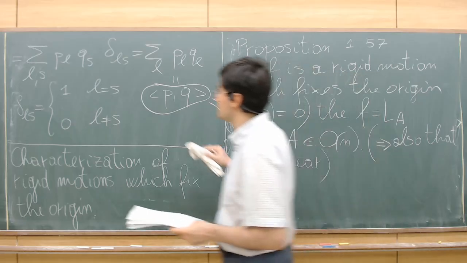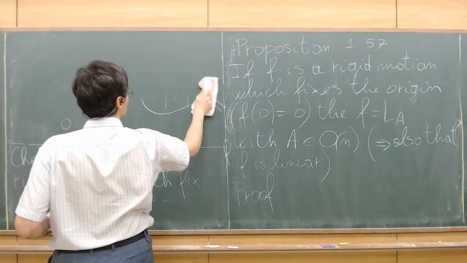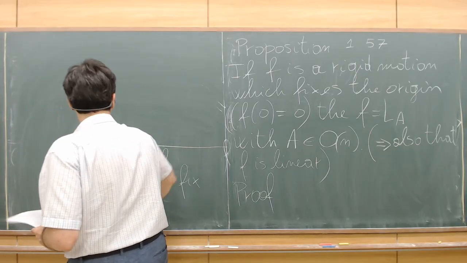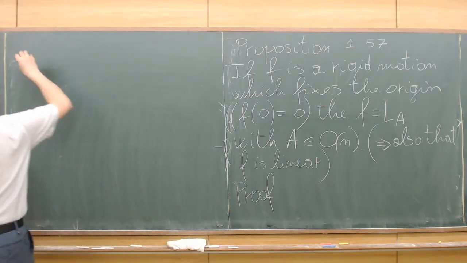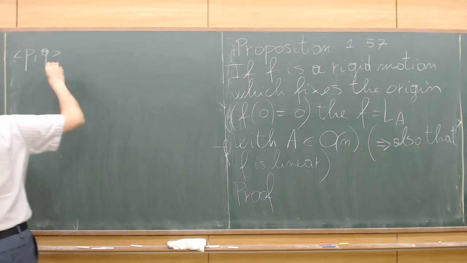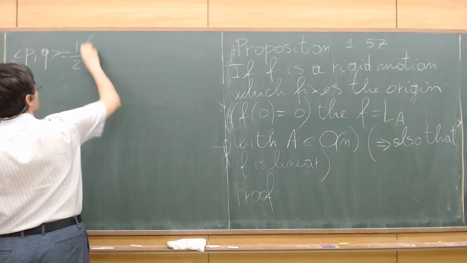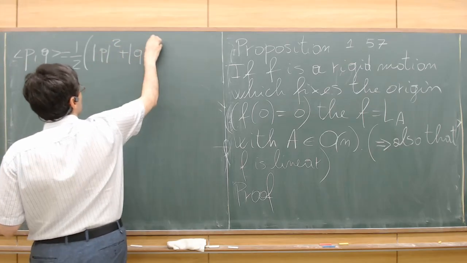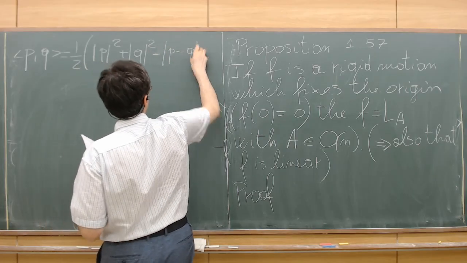The proof is based on an identity we already used a few minutes ago. And I will rewrite it here. So before, I used that the inner product of P and Q is 1/2 of the length of P squared plus the length of Q squared minus the length of P minus Q squared.